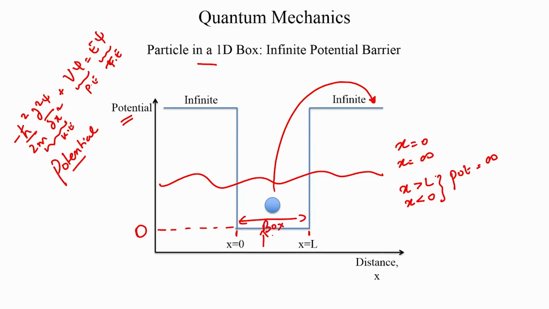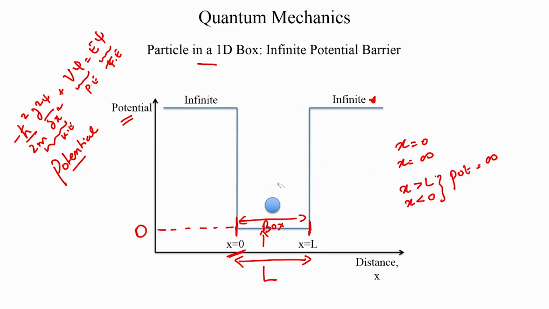And as per this definition, this valley has a length, or the size of the box is of length L, with the coordinate system being placed at x equal to 0 at this boundary and x equal to L being located at this boundary of the box.